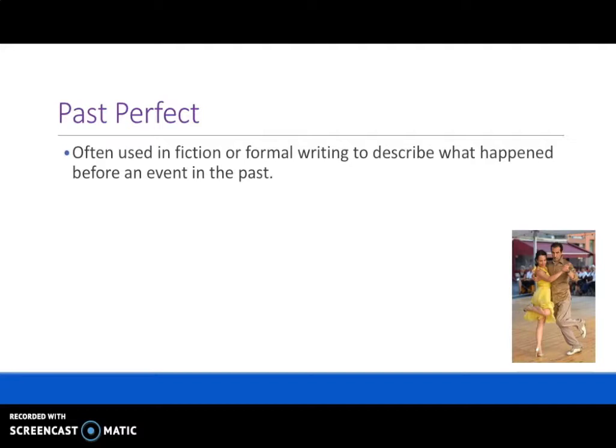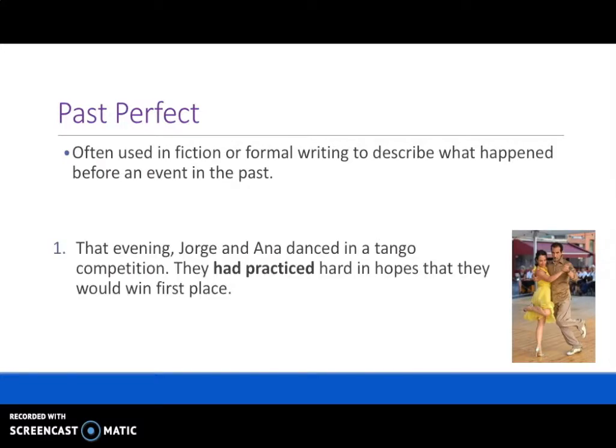The past perfect is often used in fiction or formal writing to describe what happened before an event in the past. Here's an example. That evening, Jorge and Anna danced in a tango competition. They had practiced hard in hopes that they would win first place. So in this sentence, the first sentence is in the simple past.